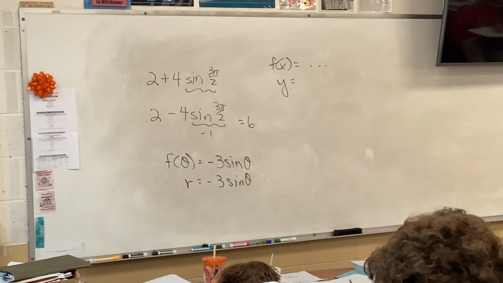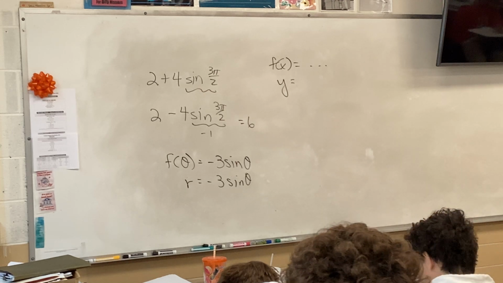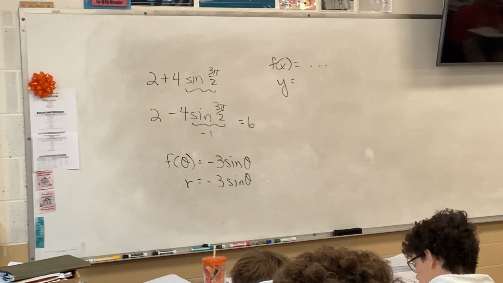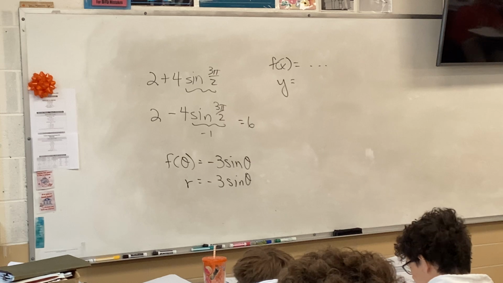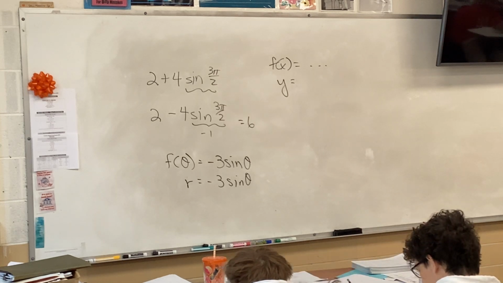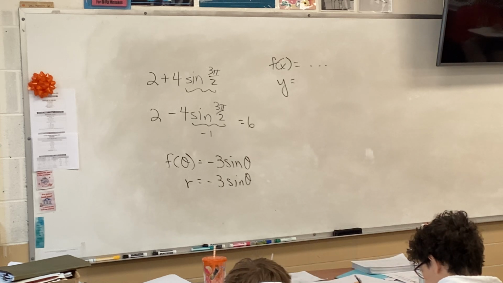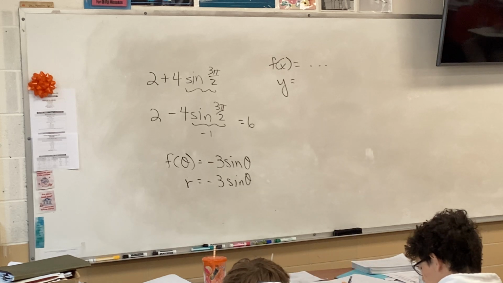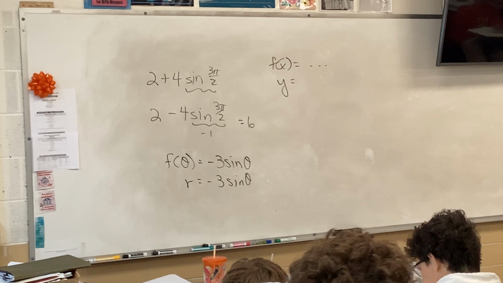I guess I don't understand why, sometimes like in the last picture, it looks like there's not much of it in quadrants 1 and 2. Why is that? Well, because in the last one, you're taking 2 plus 4 times the sine. Remember that a sine value can never be bigger than 1 or less than -1.